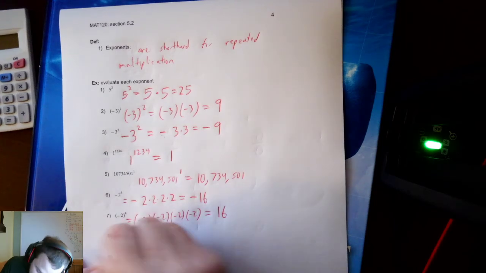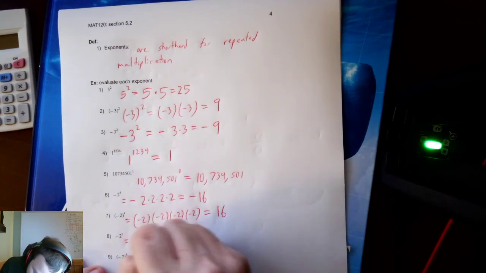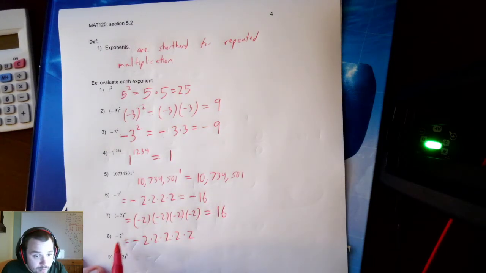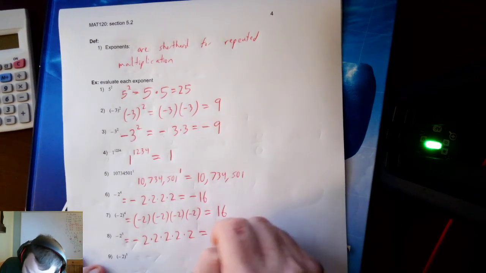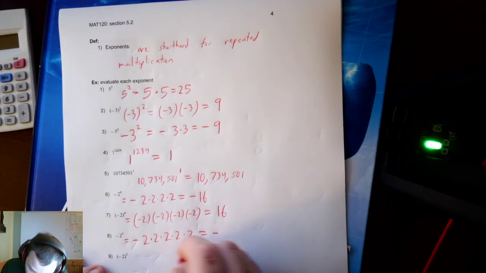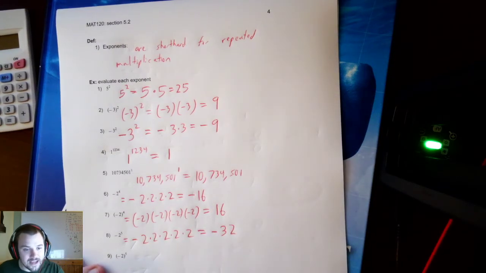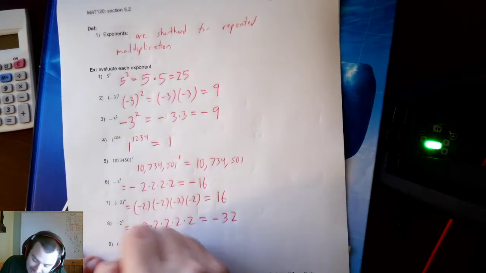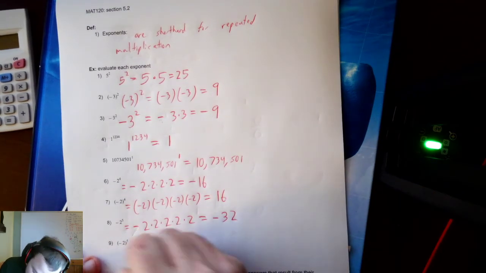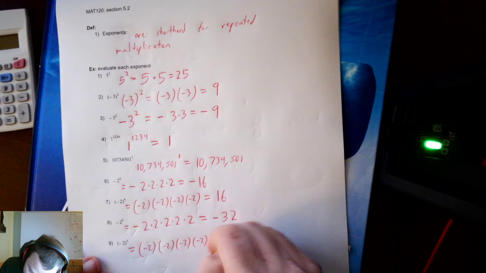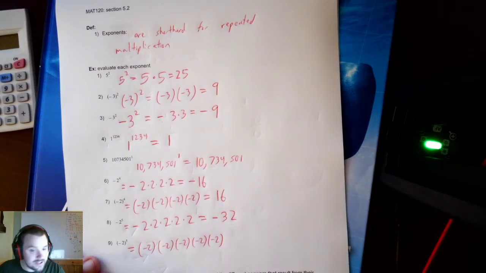Our eighth example, once again, I take the negative sign, and then I take 5 copies of 2 because there was no parentheses. I don't duplicate the negative sign. So it'll be negative 2 times 2 times 2 times 2 times 2 is 4, 8, 16, 32. So I get negative 32 for my eighth example. And then lastly, notice the parentheses. So as I write, I'll be duplicating everything within the parentheses 5 times.